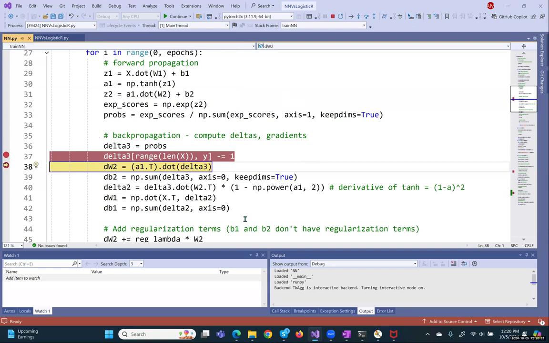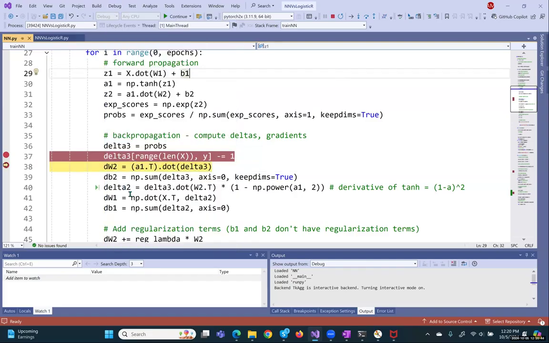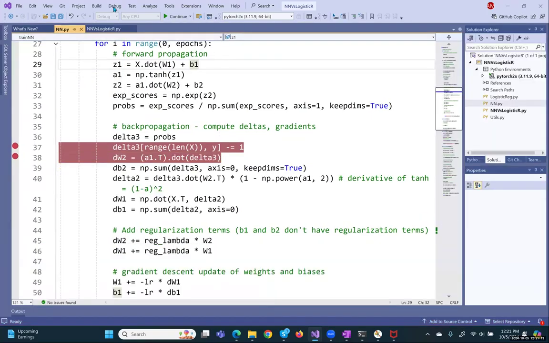So I put a breakpoint on the next step and said debug continue so that it stops over there. Now, if I examine delta 3, remember the first number was 0.3 something. If we subtract 1 from it, it became negative. The second number, did it change or no? Let me run it again. I'll stop it again. Let's go one more time.